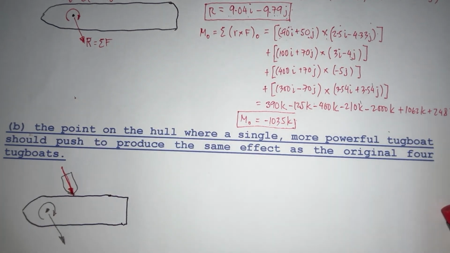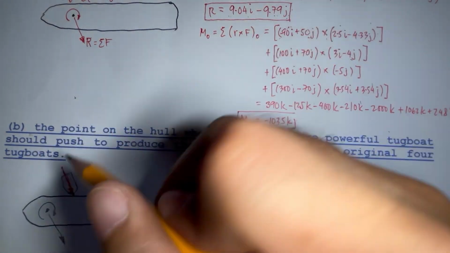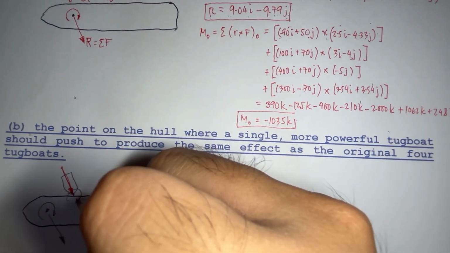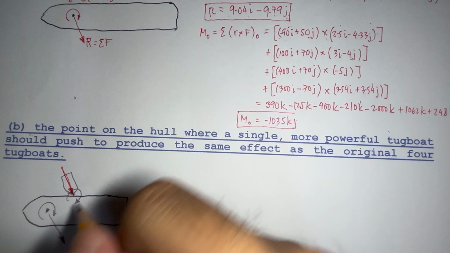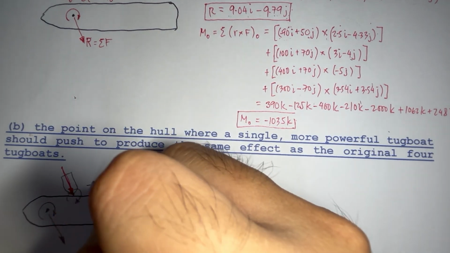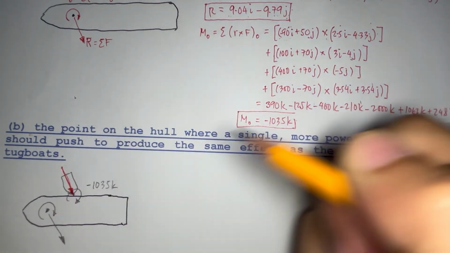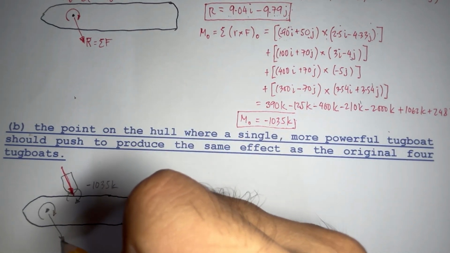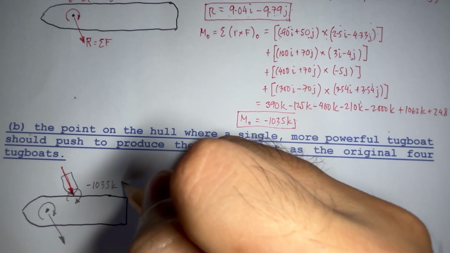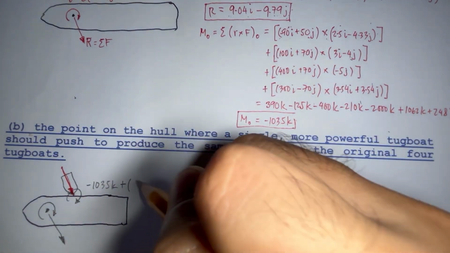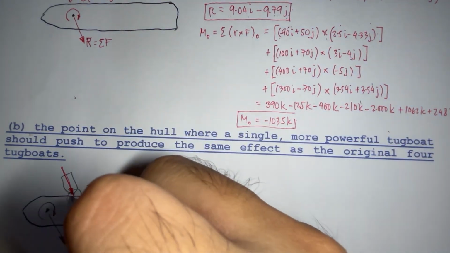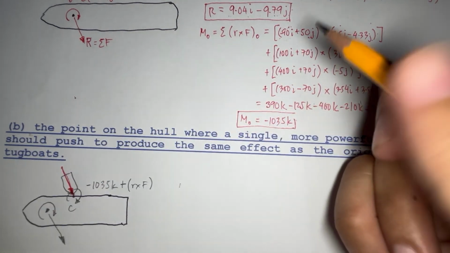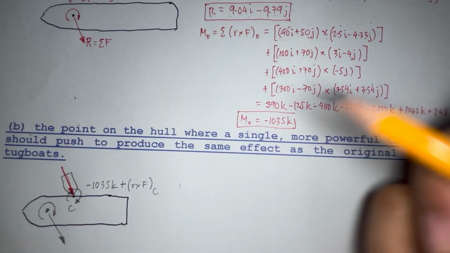Transferring the force from this point to this point means we need to add an additional moment, R cross F, pivoted at the new location. Say this point here is point C, so pivoted at point C.